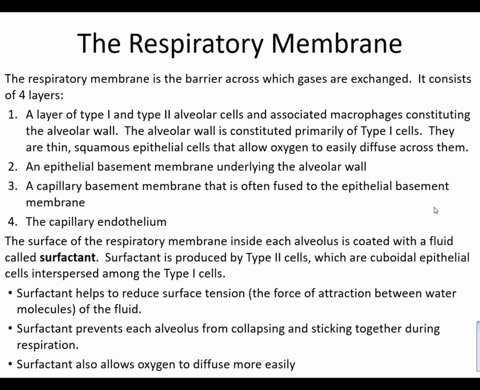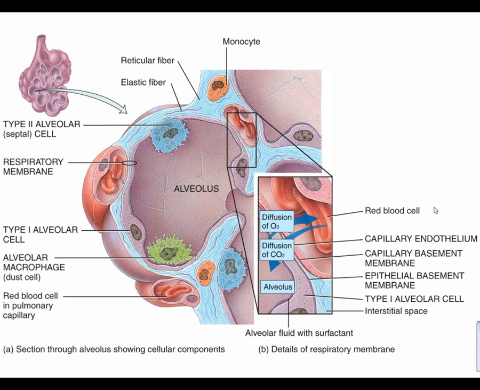All right, I'm going to zoom ahead, actually, to this figure. What we're looking at here is the inside of one singular alveolus. Remember, alveolus is the singular form of alveoli. We see that it's a hollow structure, kind of like a little balloon.